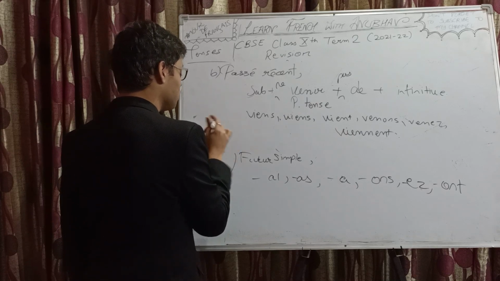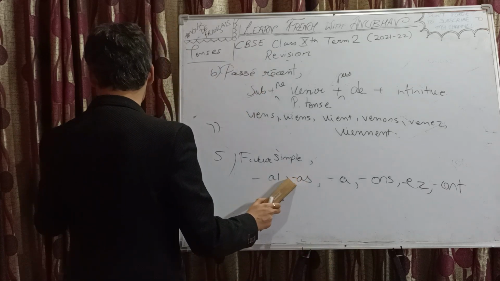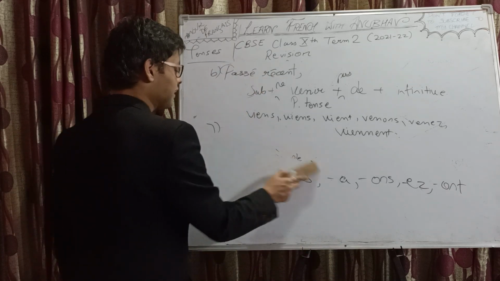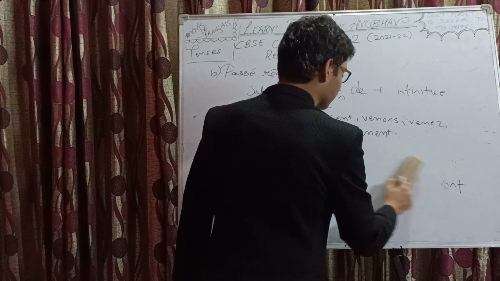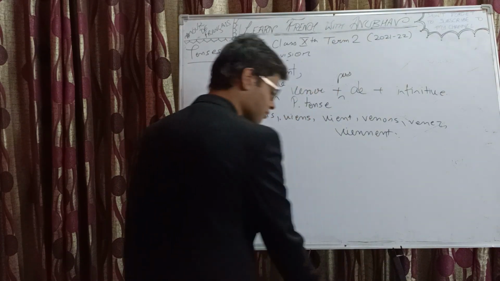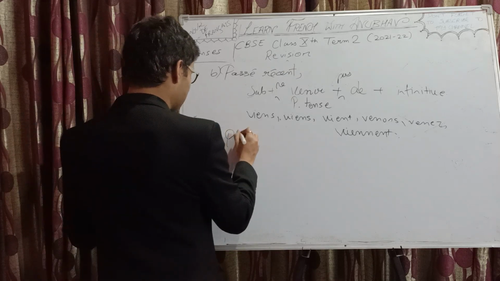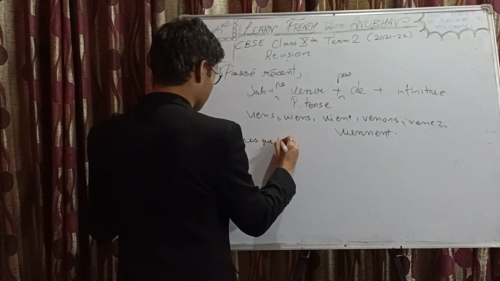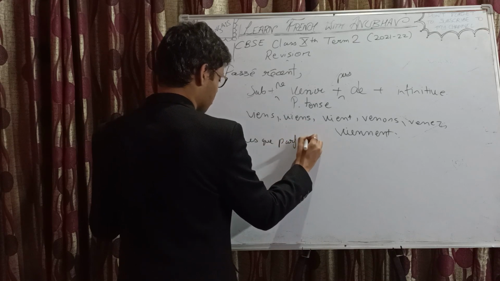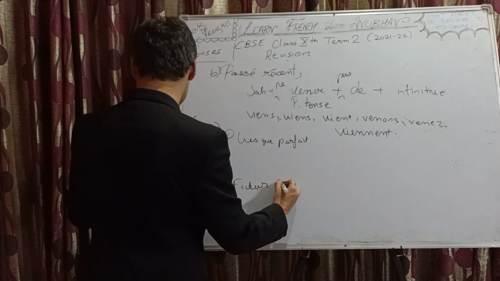Not a question. Point number 7 and point number 8 I got to discuss together because they are very similar to one another. Okay, I think you can guess which tenses I'm talking about. We have plus-que-parfait and we have futur antérieur.